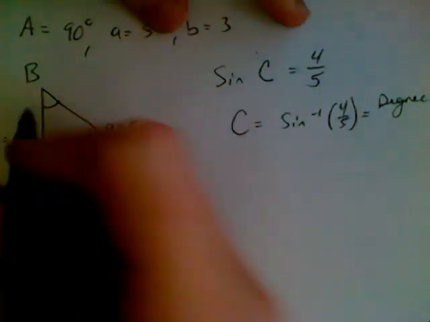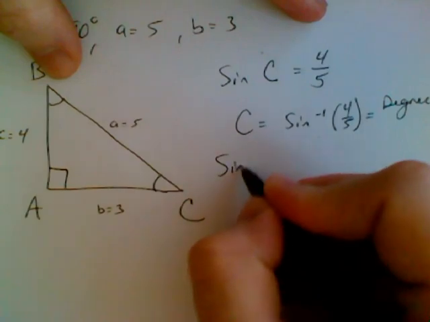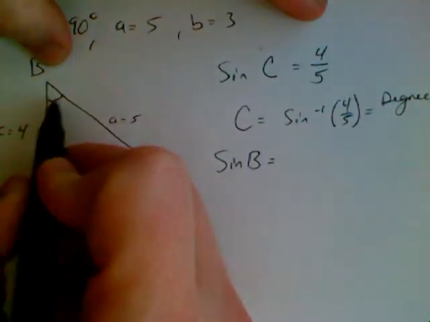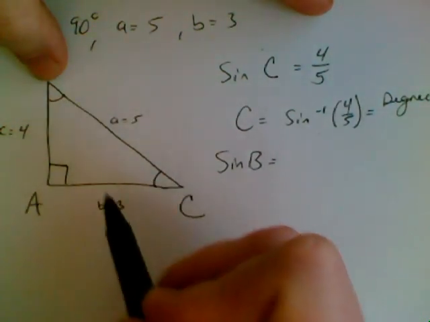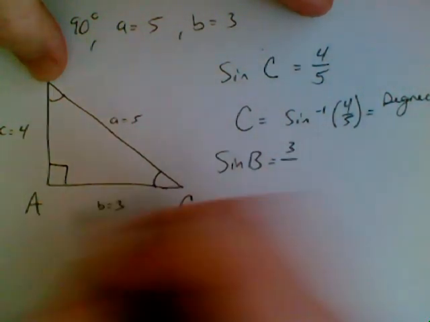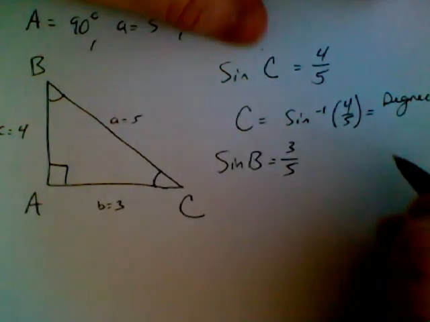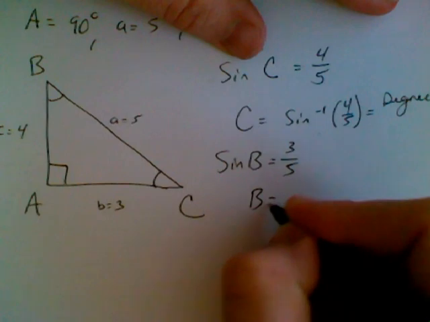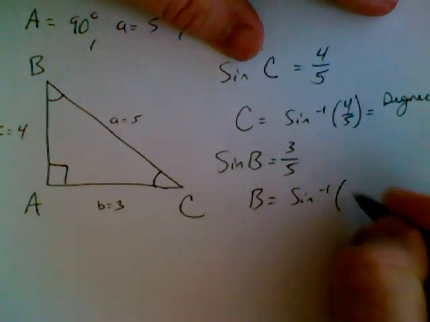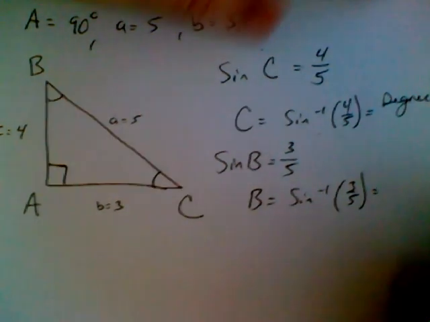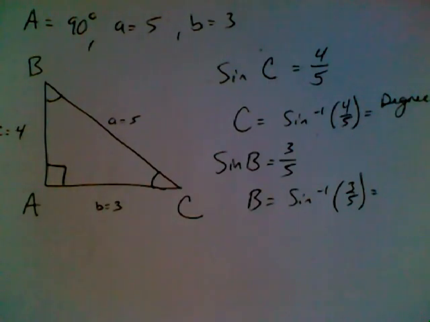We can also do the same thing for finding B. I can look at the sine of B. This angle is equivalent to the opposite, which is 3, over 5, the hypotenuse. That means that my B value is going to be equal to sine inverse of 3/5, and again we're going to find that in degrees. I'm going to do this over here in my calculator very quickly.